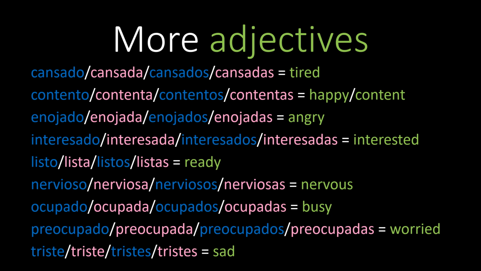Interesado, interesada, interesados, interesadas. And now the word for ready, listo, lista, listos, listas. The next one for nervous, nervioso, nerviosa, nerviosos, nerviosas. And then busy, ocupado, ocupada, ocupados, ocupadas. And the words for worried, preocupado, preocupada, preocupados, preocupadas.